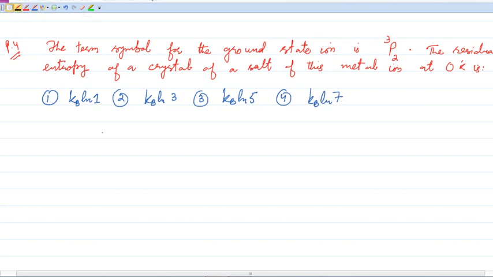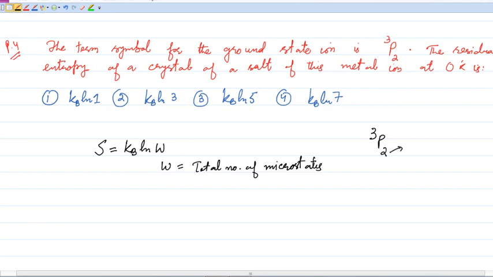So first we know this simple relation that residual entropy is related to this by this equation Kb ln of W. What is W here? W is simply the total number of microstates. And if a term symbol is given, here term symbol was given as 3p2, so this will be the j value and this will be the 2s plus 1 value.